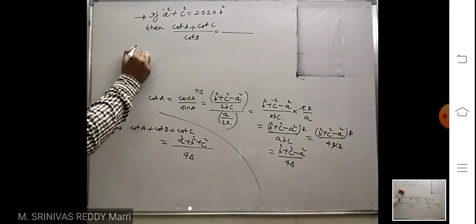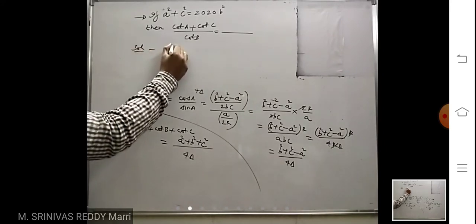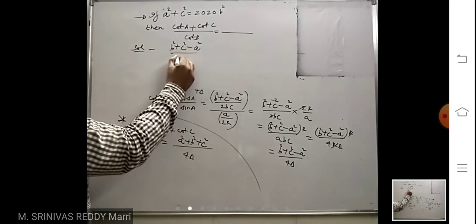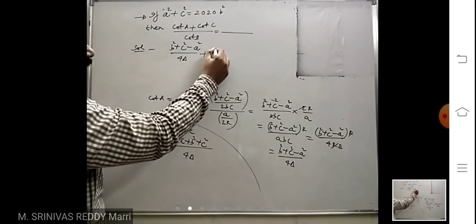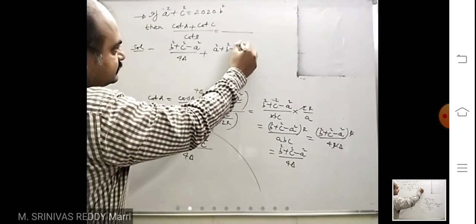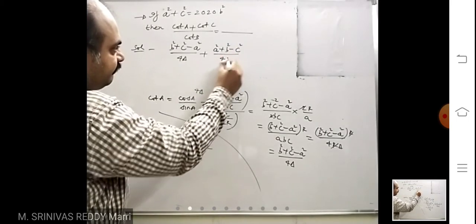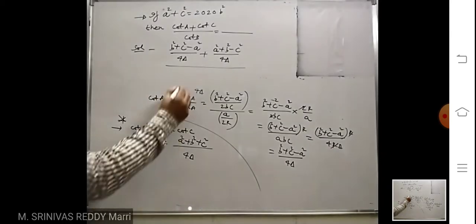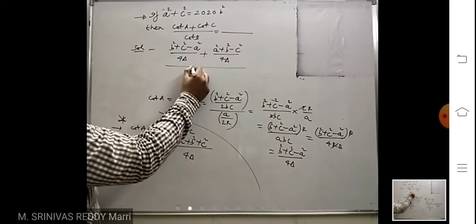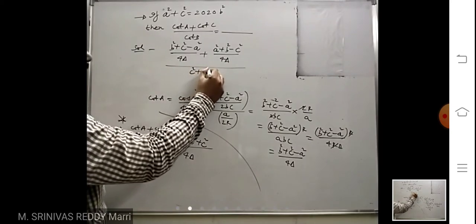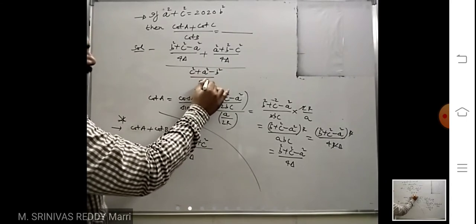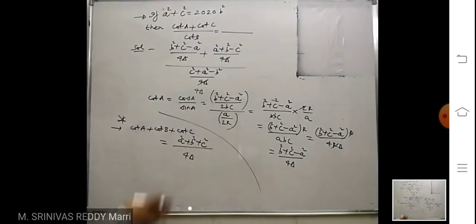Suppose, look at, cot A formula is what? Just substitute the formula. B square plus C square minus A square divided by 4 delta, plus A square plus B square minus C square divided by 4 delta, divided by cot B, which is C square plus A square minus B square divided by 4 delta. 4 delta will get cancelled here.